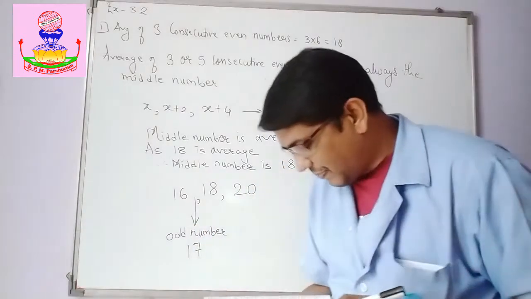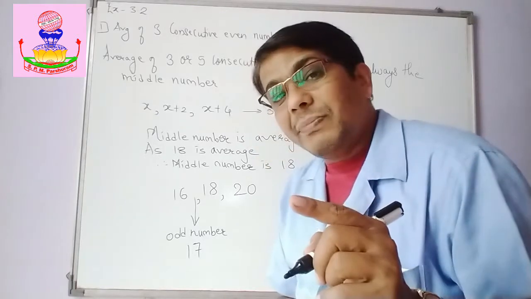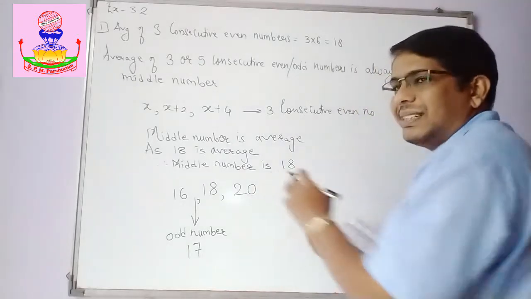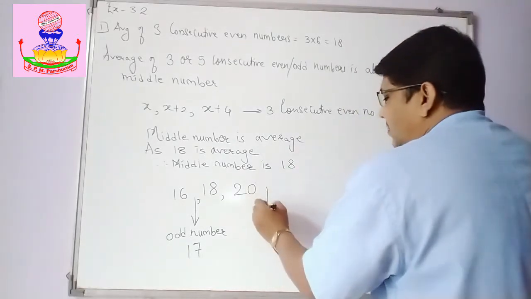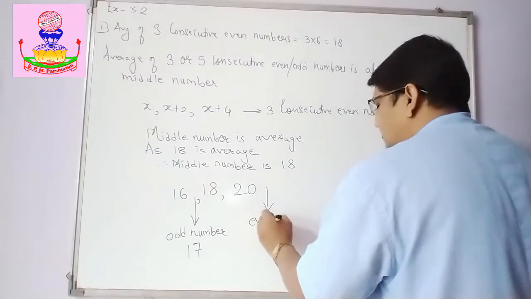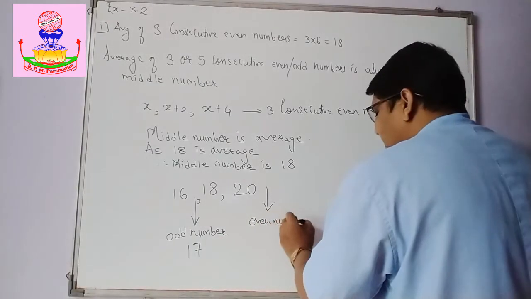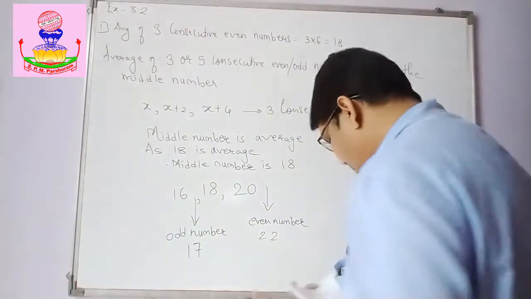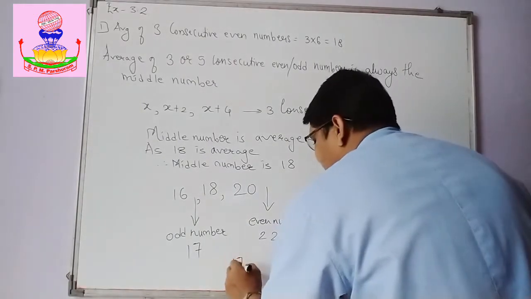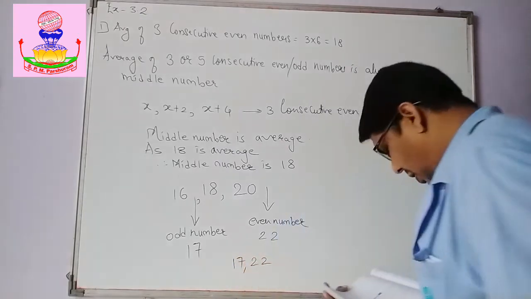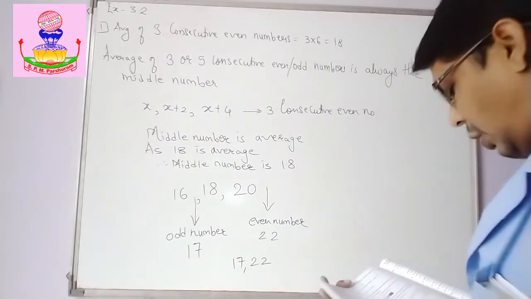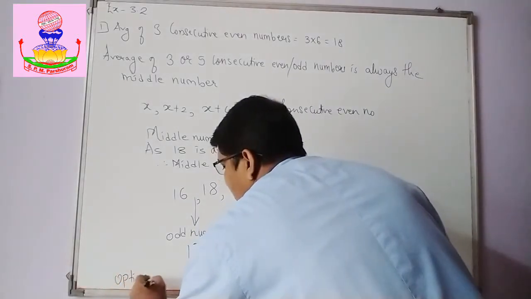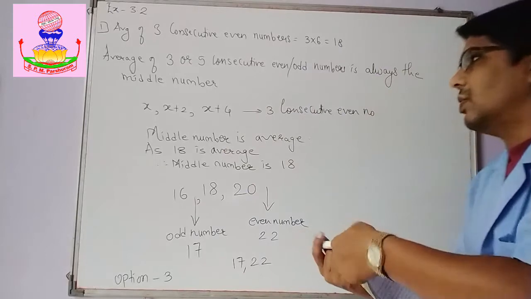And what they say, the even number just after the greater number. Which is the greater number? 20. So even number after that, which is that, oh yes, 22, right. So the option is 17, 22, where you have got, yes, option number 3rd. So answer is option 3rd. Do you get it? Okay.